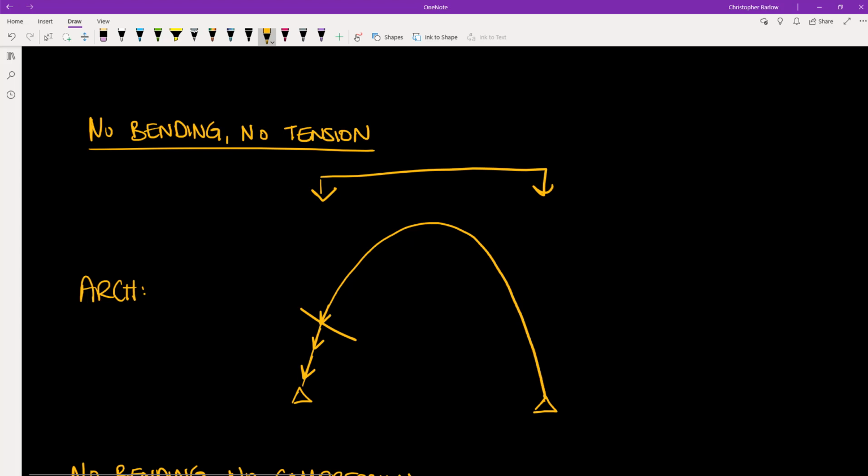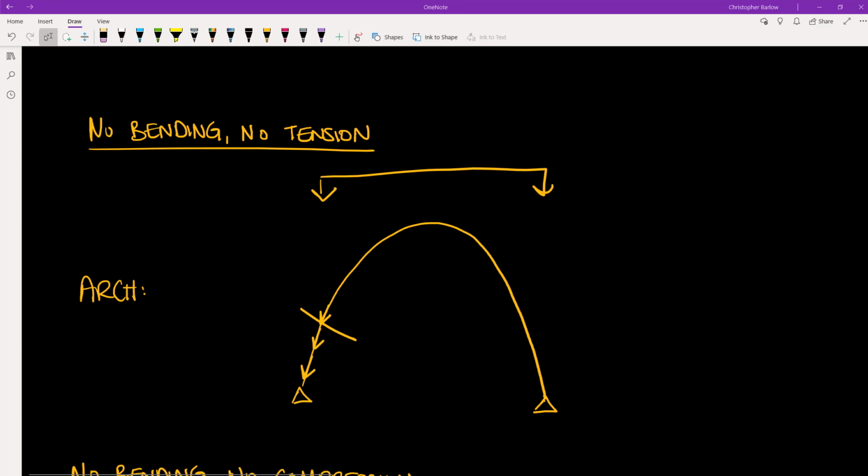But can we be even more efficient than an arch? Can we create larger spans with even less material? What if we designed a system that could transfer a force across a perpendicular distance without creating either bending or compression forces? After all, it's compression forces that tend to be trickier than tension forces when we start to consider buckling.